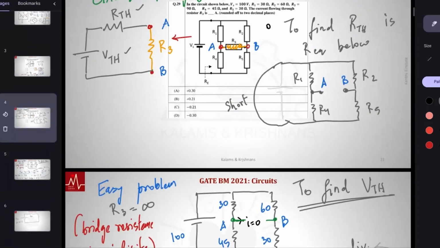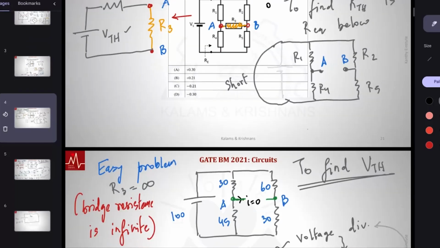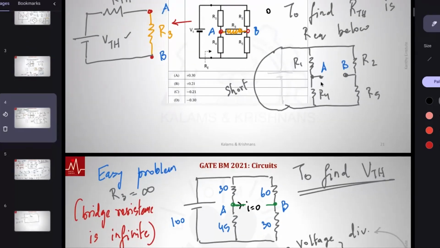How do you find R Thevenin? Can someone concisely tell me, R Thevenin is essentially the equivalent resistance between A and B. Is this series parallel in terms of R1, R2, R4, R5? You are telling me a numerical value, but what I need is the series-parallel structure.